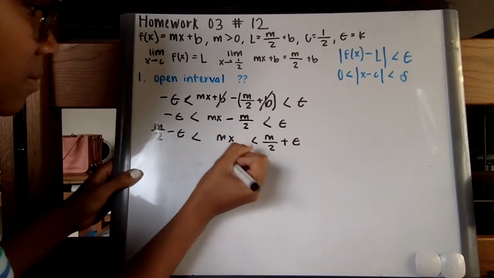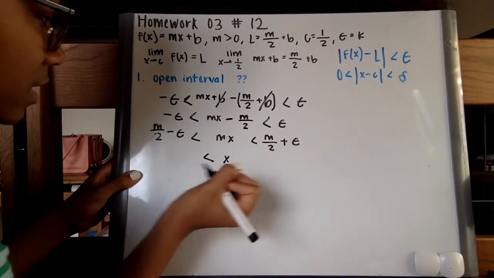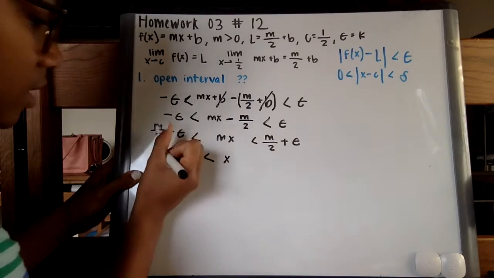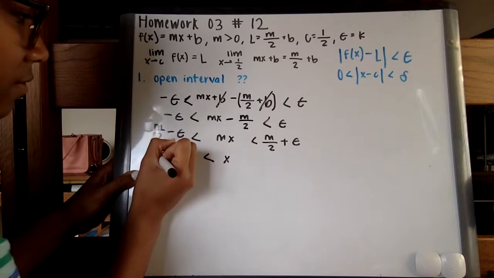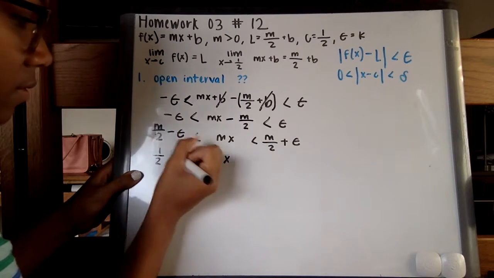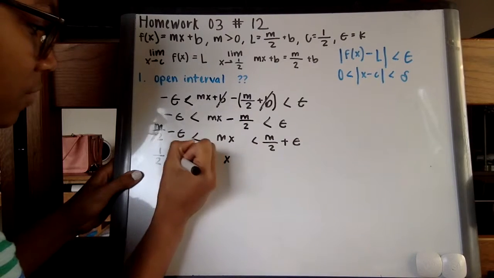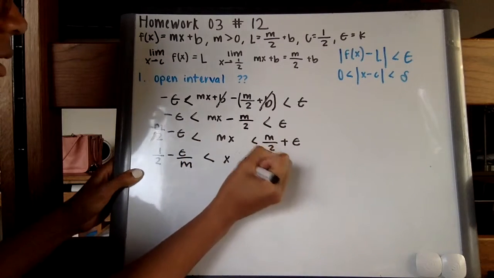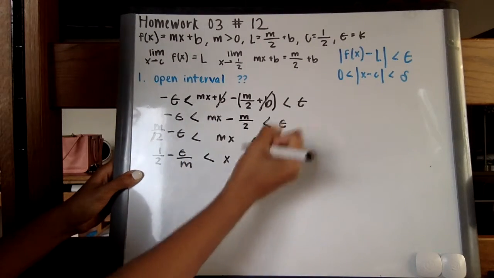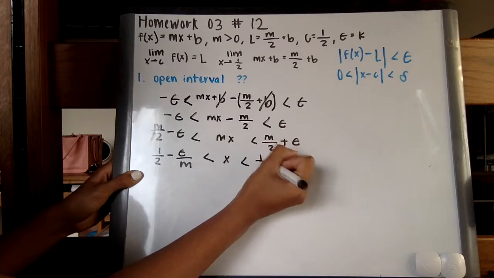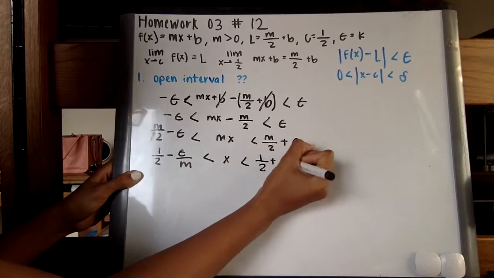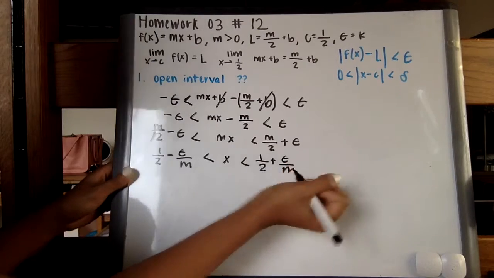Dividing by m, we have 1/2 minus epsilon over m, which is less than x, which is less than 1/2 plus epsilon over m.